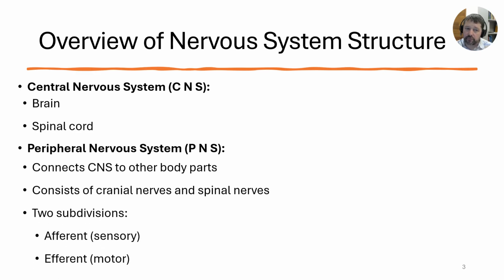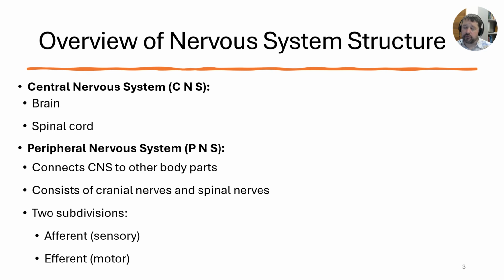That's part of your nervous system. The other part of your nervous system, which a lot of individuals don't realize, is that not every signal is sent to the central nervous system. Some are, but some will stay within the peripheral nervous system. The peripheral is outside that central area, and it often connects the body parts to the central nervous system. It's a series of nerve fibers running from the spine and the cranium out to different regions.